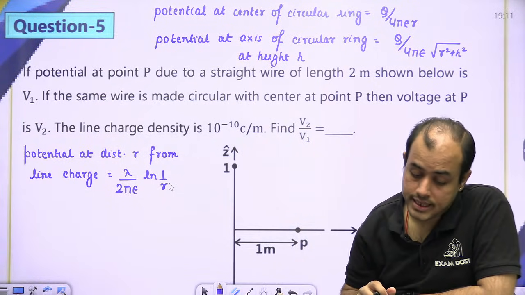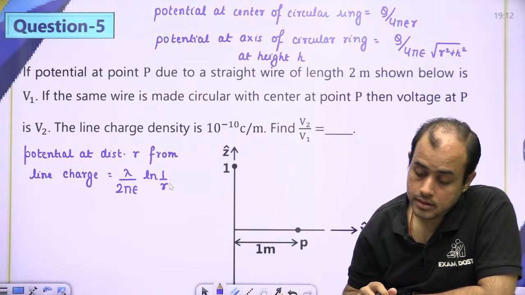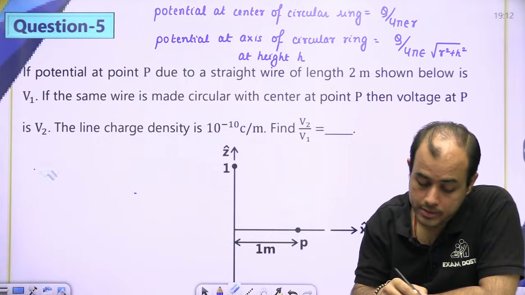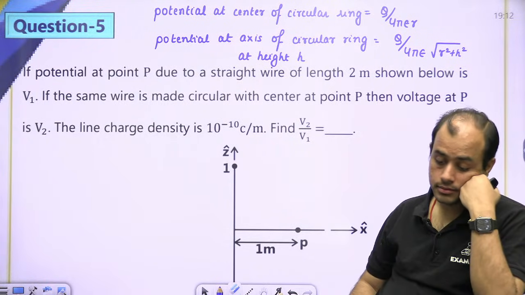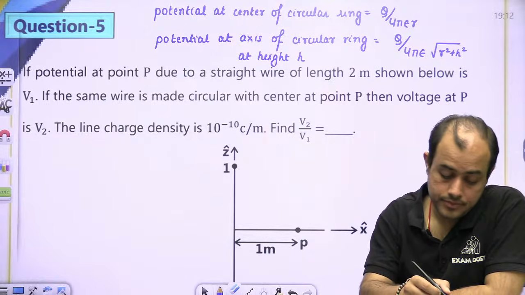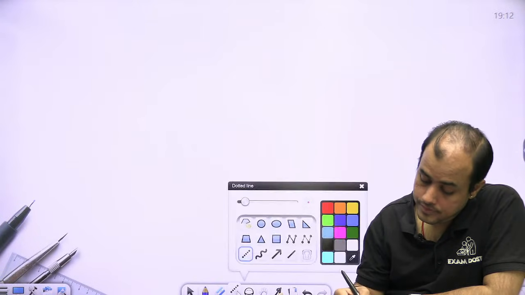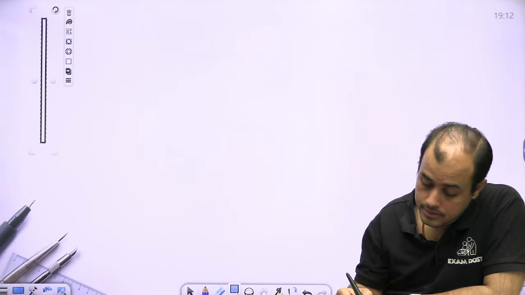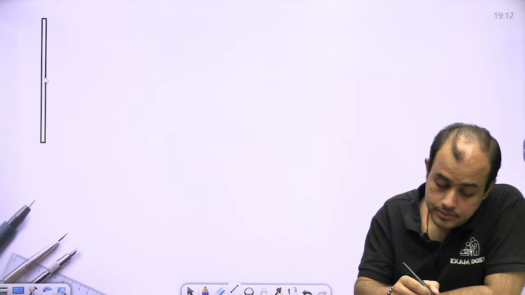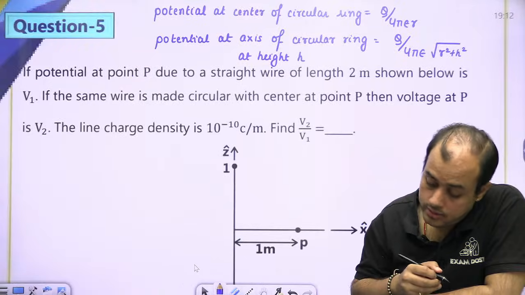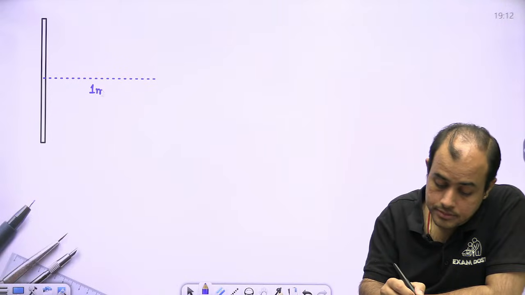Now line charge density is given, but ये तो infinite line नहीं है, it has a length of 2 meter. Okay. Length is 2 meter, this P is 1 meter.